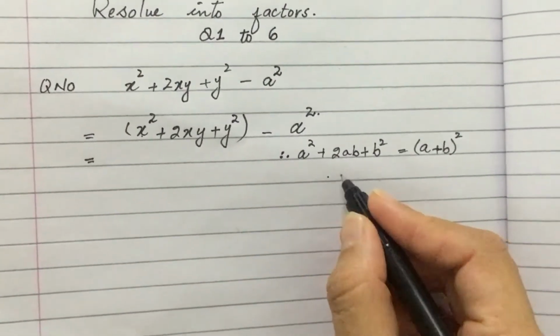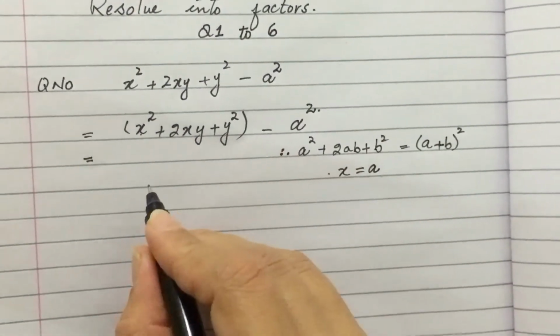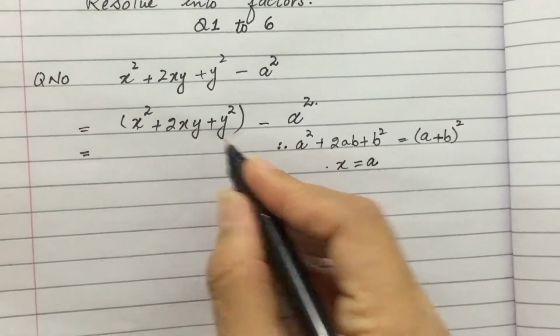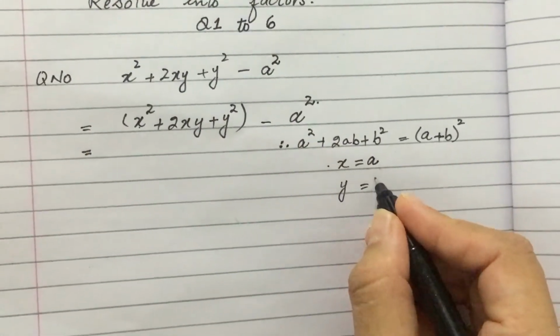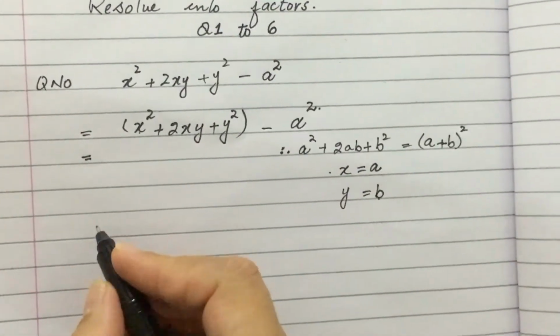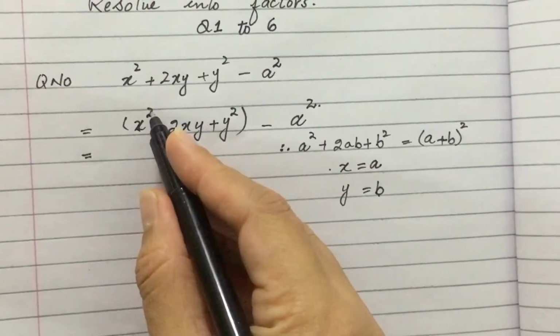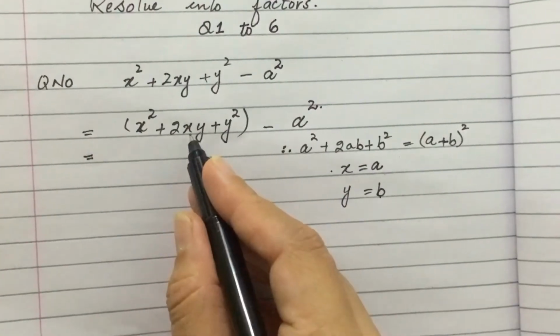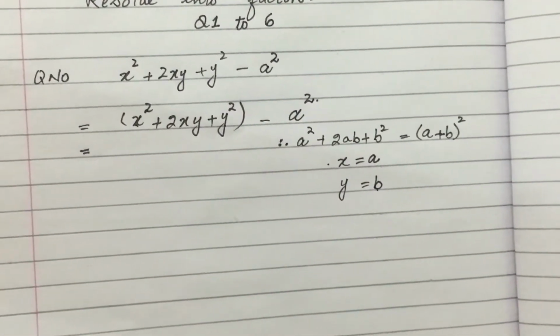Here the value of x is equal to a and the value of y is equal to b. So this x square means a square, plus 2xy means 2ab, plus y square means b square.